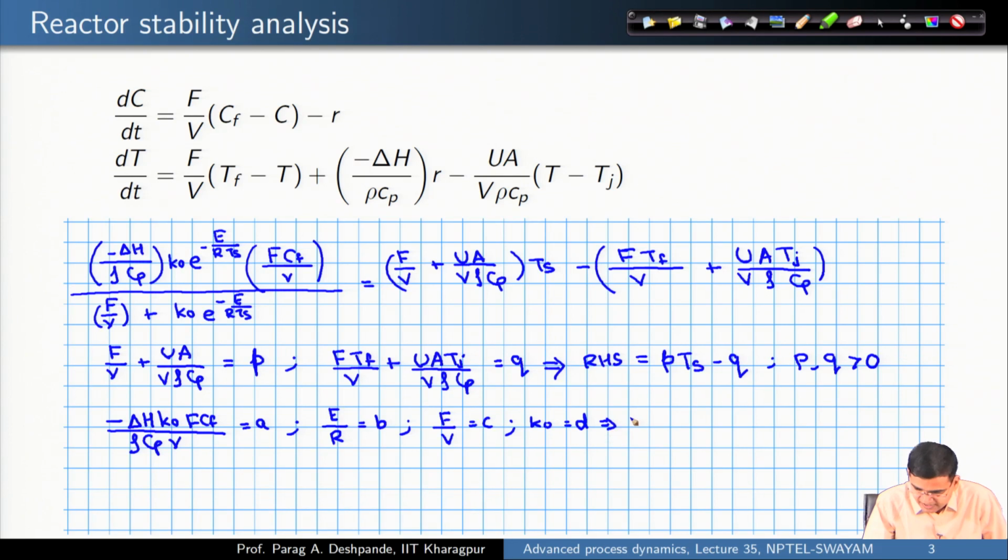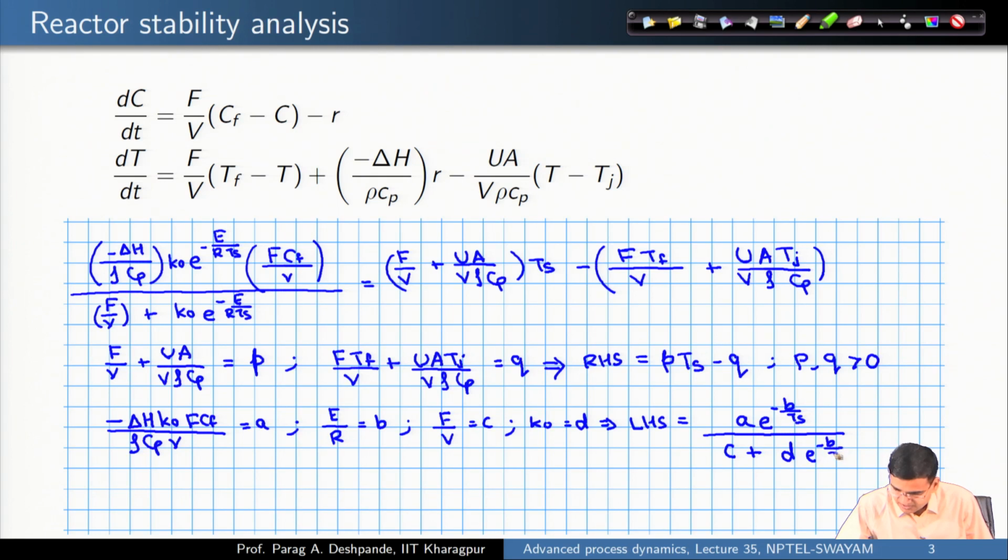So, this will make the left hand side what? A e to the power minus B upon T steady state divided by C plus D e to the power minus B upon T steady state.